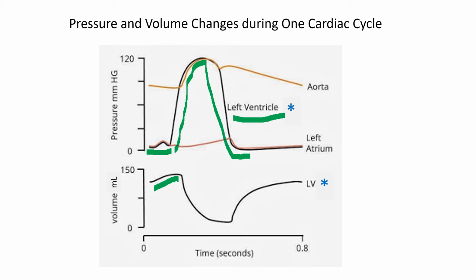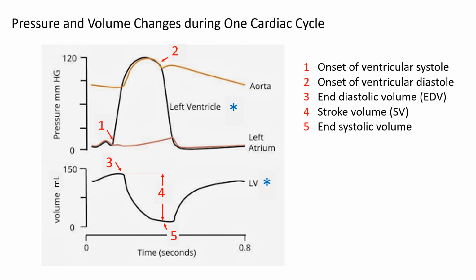And then we see this pretty precipitous drop in volume in the left ventricle. So this is ventricular ejection. So we know that the semilunar valve has opened and blood is being shot out of the ventricle and into the aorta. And then we see this period of filling again. So we know the wall of the ventricle must be relaxed and blood is falling in from the atria into the ventricle. So there's a bunch of vocabulary here related to the cardiac cycle.